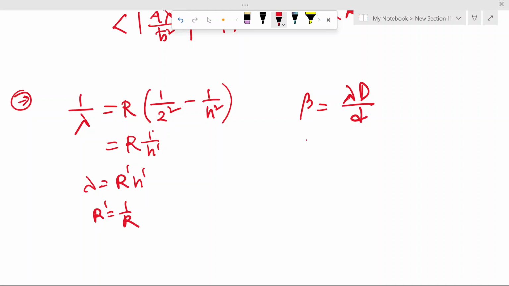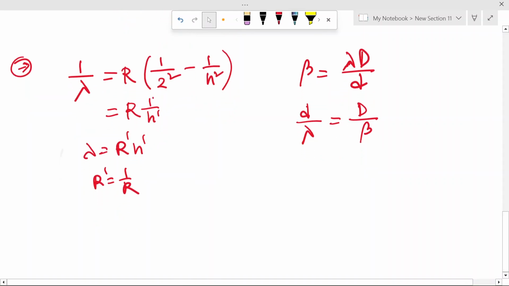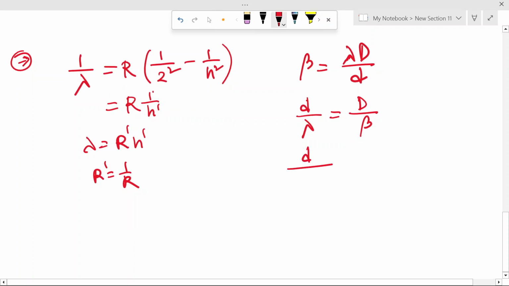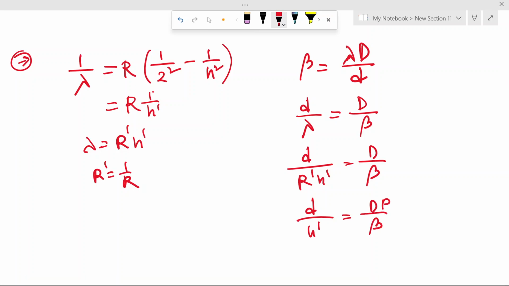So d by lambda has to be constant, right? For fringes to be constant, lambda is R prime n prime, so d by n prime is equal to d by beta into some R prime.